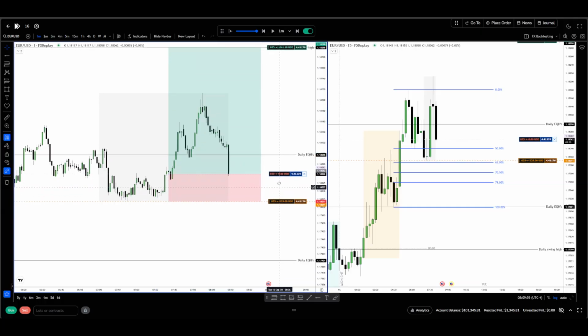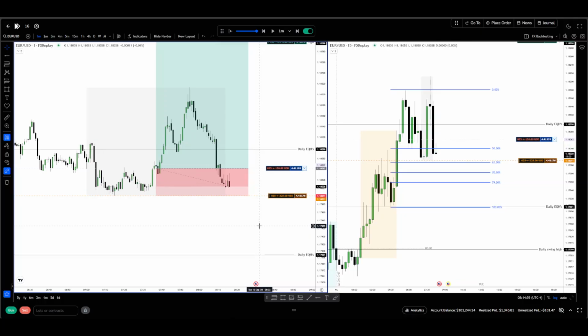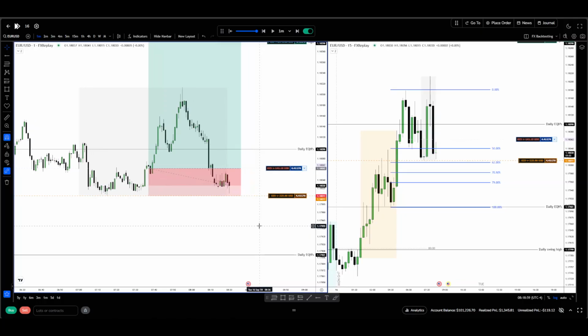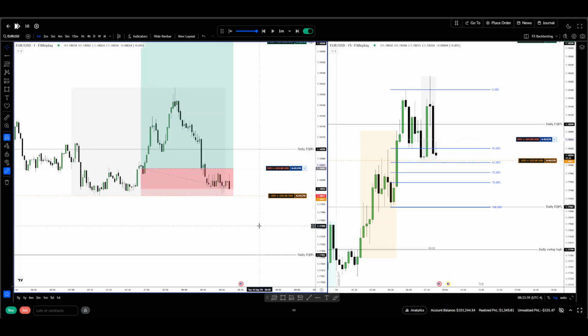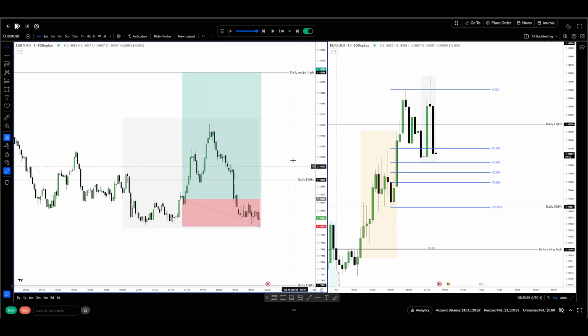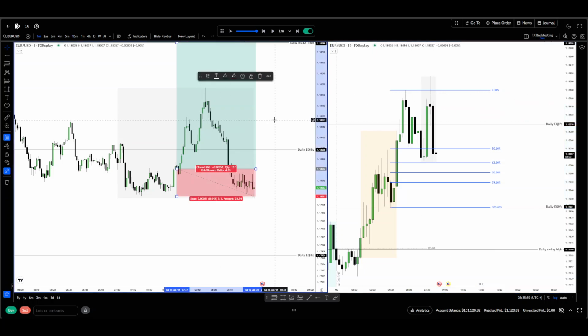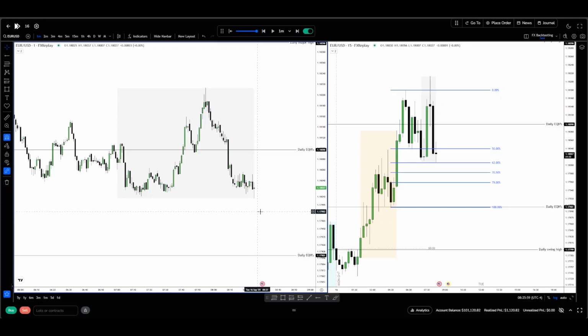Okay, notice that I did not move my stop loss. And yeah, okay, so that's a pity. It would be way safer to end the trade, but anyways, it was okay.